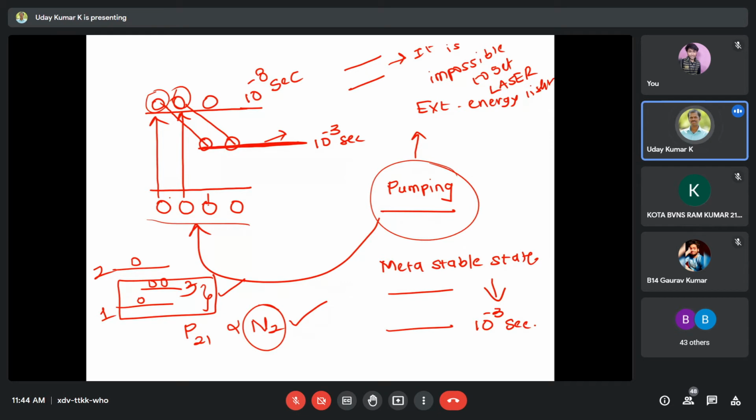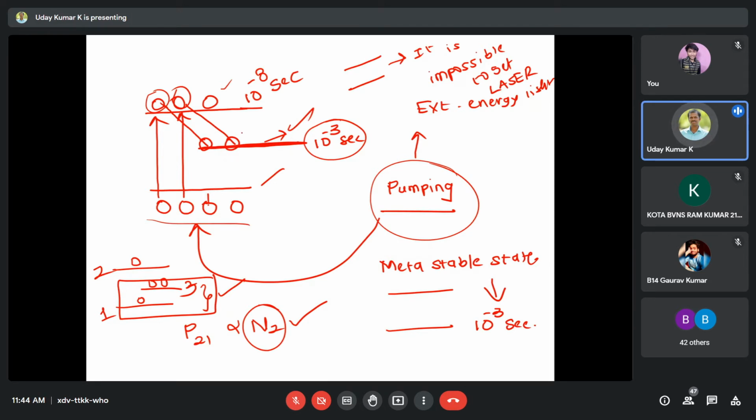Now, since the metastable state has a lifetime higher compared to the higher energy level, the atom will stay long enough in the metastable state. In that meantime, you will see a population inversion between 3 and 1 is achieved. When you achieve population inversion, you get the stimulated emission process to trigger.